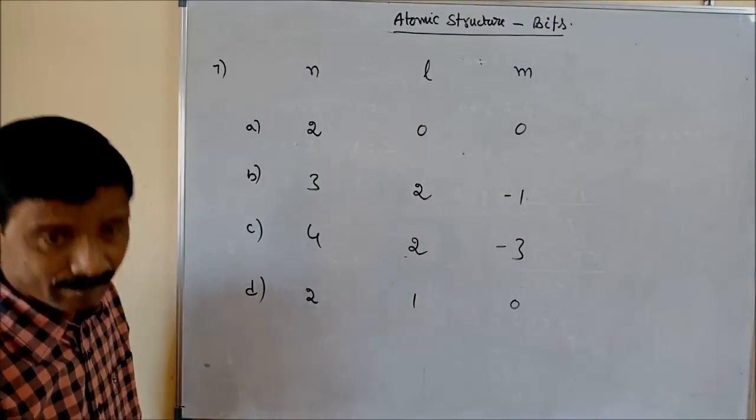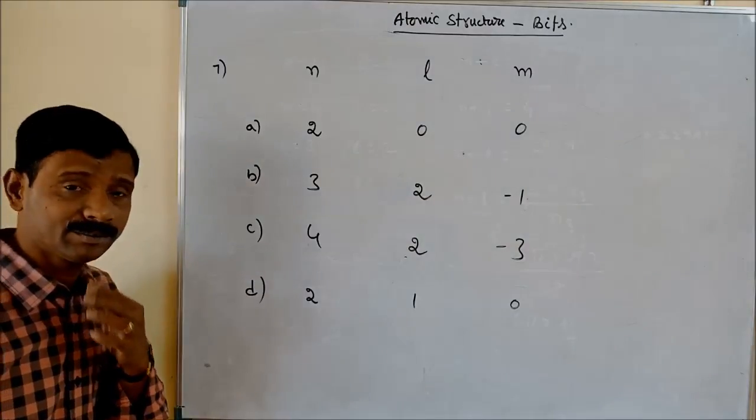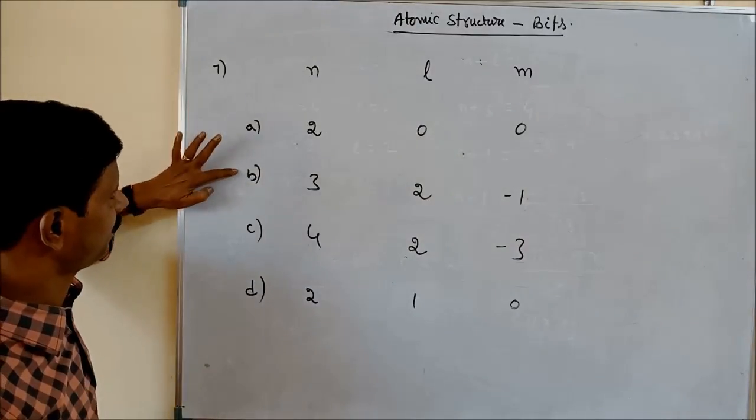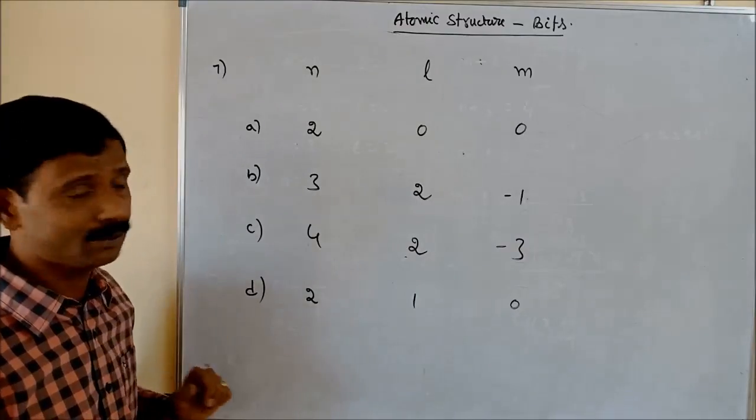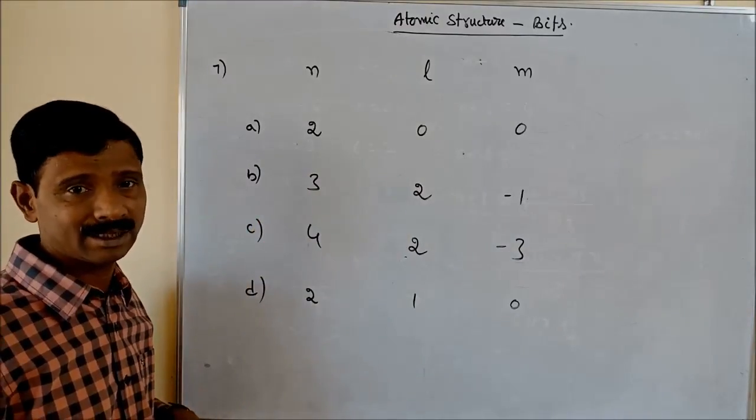So like that, there are 4 electrons. This is one electron, second, third and fourth. Now, among these 4, which set of quantum numbers is correct?